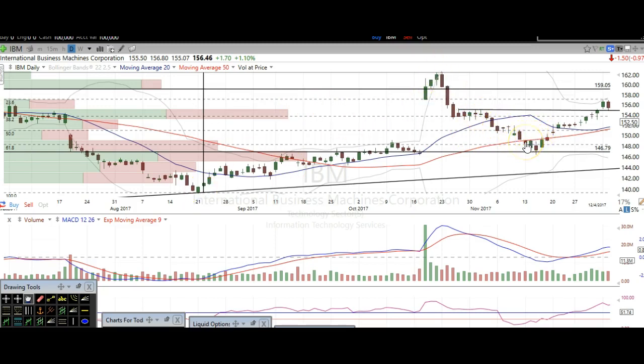So why do we use the 61.8 Fibonacci retracement level? Well, typically, and again, we trade stocks and options, both short and long, okay?